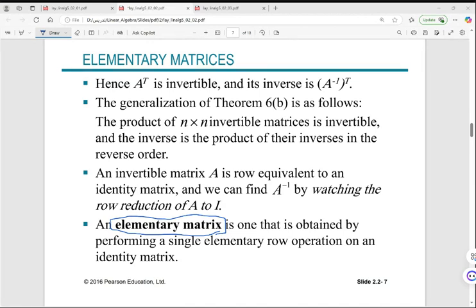In general, exchanging the position of two rows is called row interchange. The third operation is row scaling.